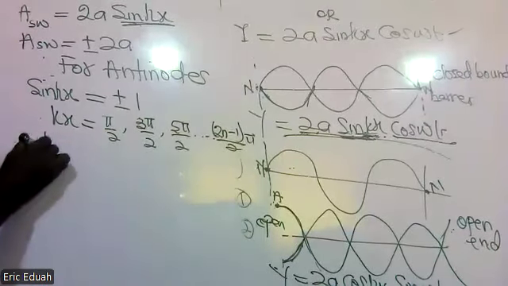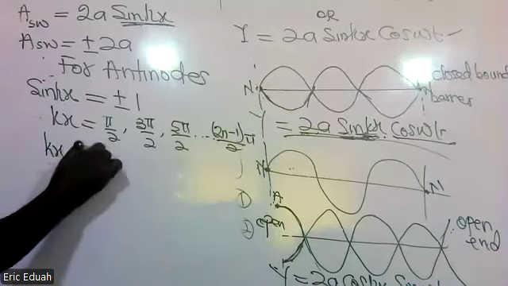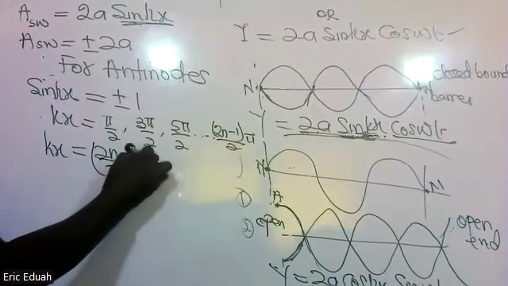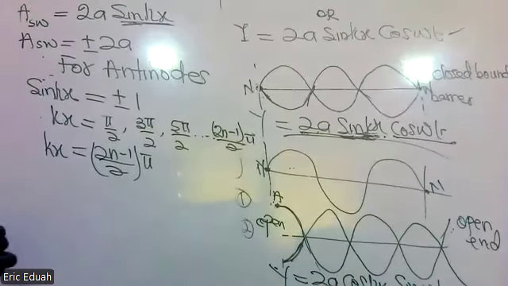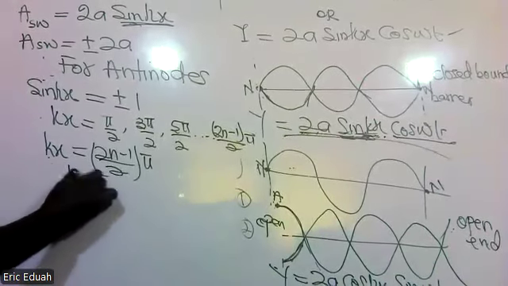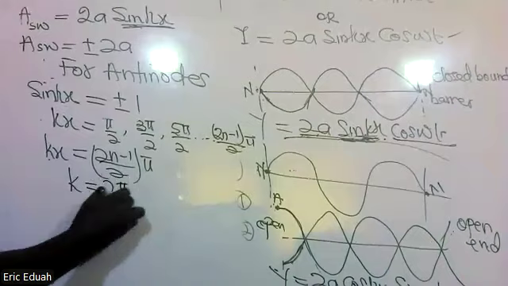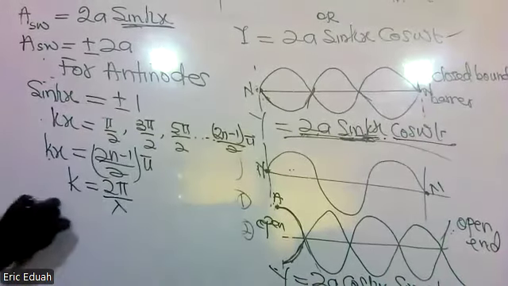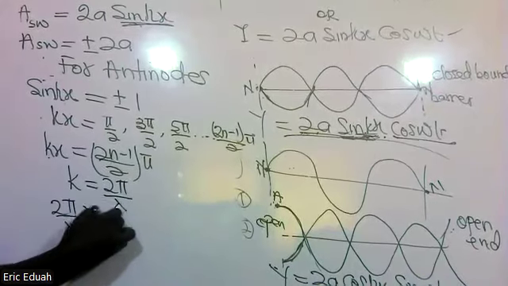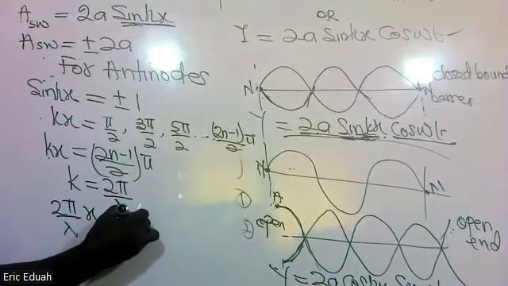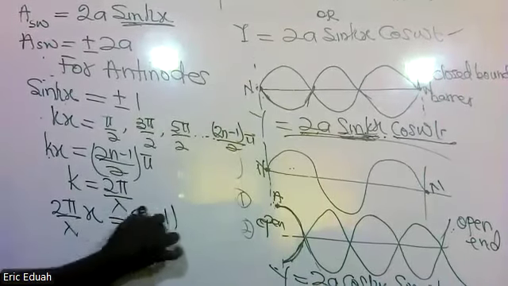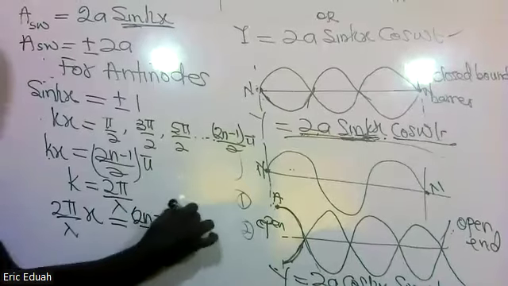So if kx is equal to (2n minus 1) on 2 pi, then we substitute k with 2 pi over lambda. So 2 pi over lambda x will be equal to (2n minus 1) on 2 pi.